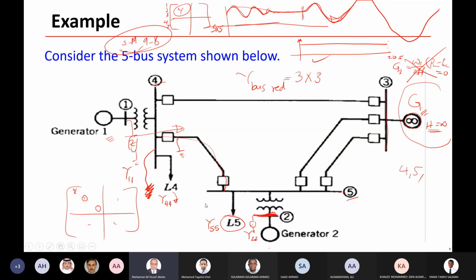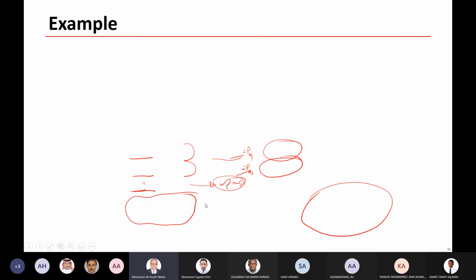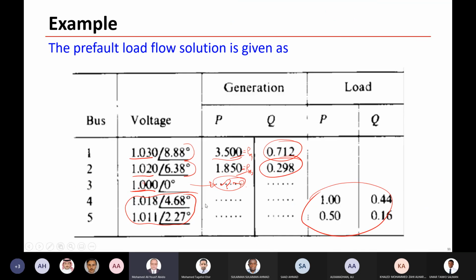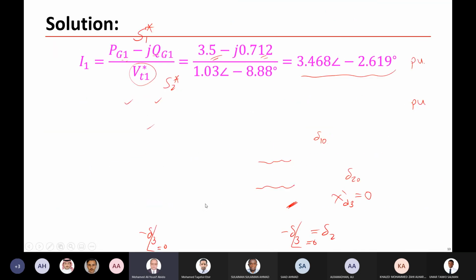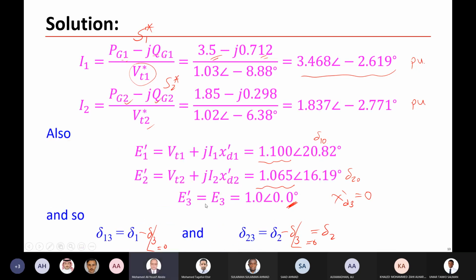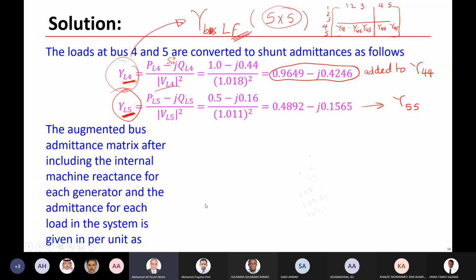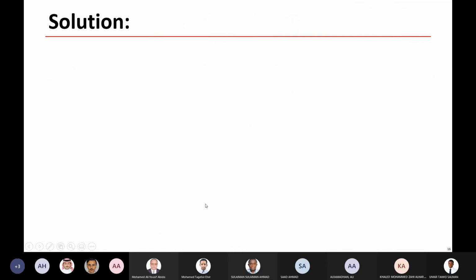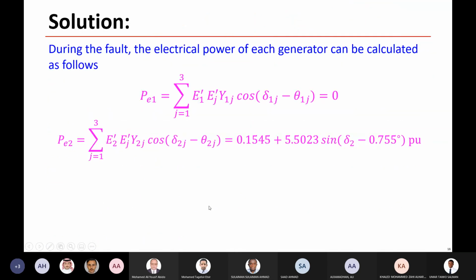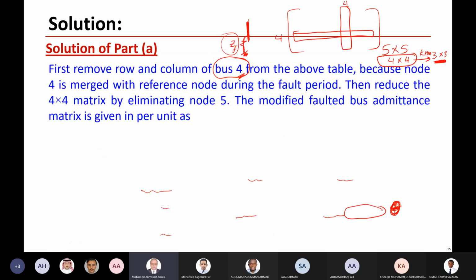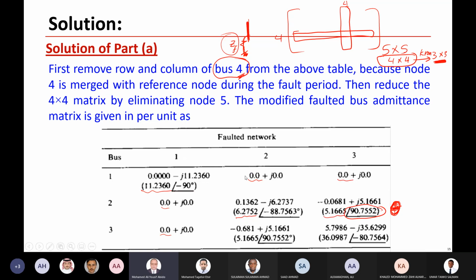So in this case, by substituting here, you can justify why it comes to 0. You have here Y12, Y13 equal to 0, but this is equal to 0.